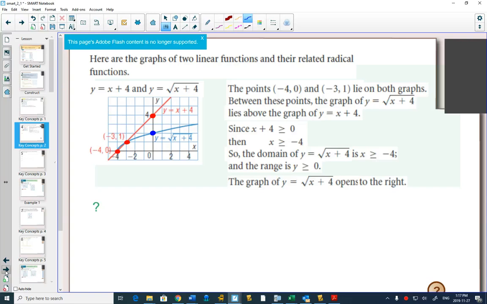Now, some other interesting things happen with square roots. Generally, if you take the square root of a number, is your answer bigger or smaller than what you started with? Like if I do square root of 9, I get 3. It's smaller, right? If you do square root of 100, you get 10. It's a lot smaller.